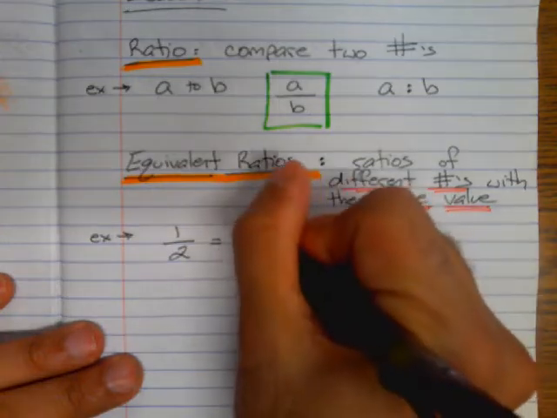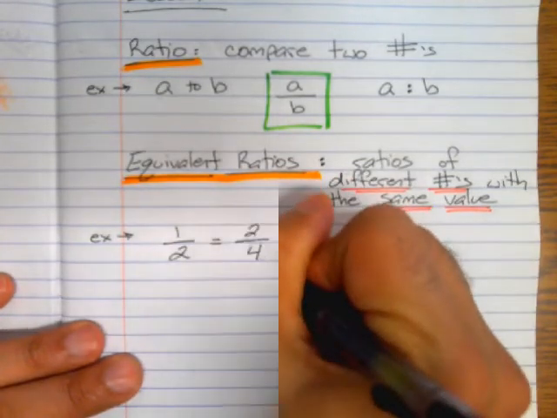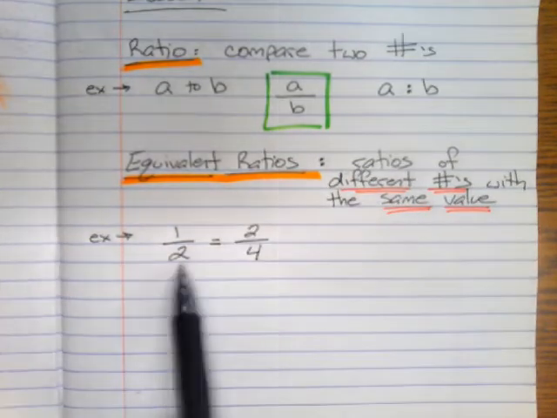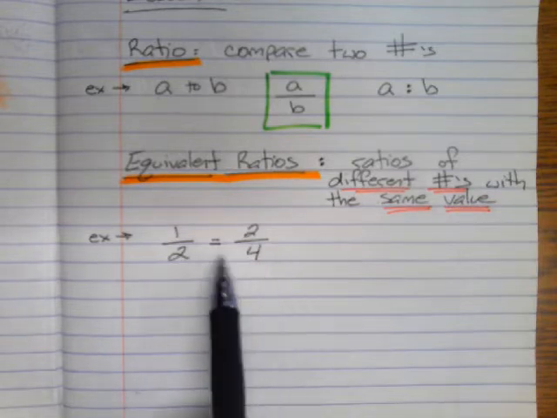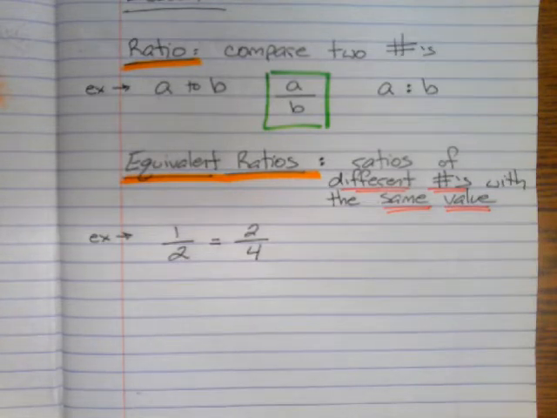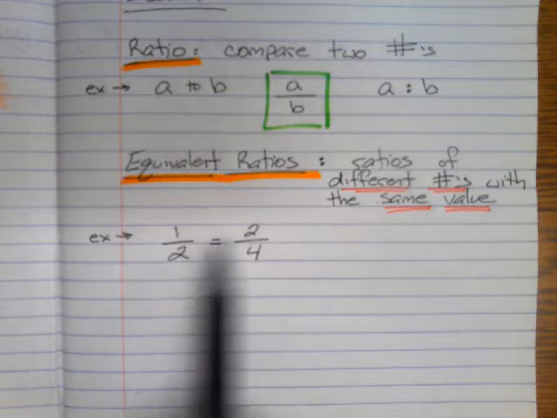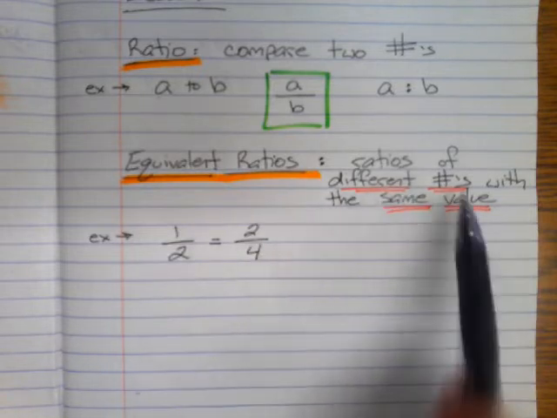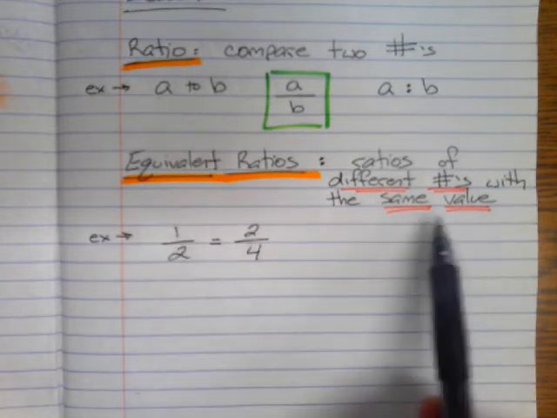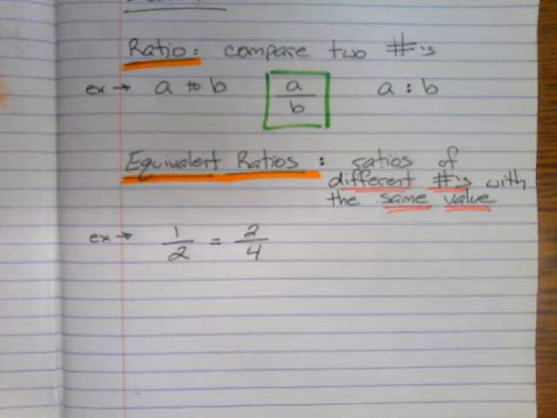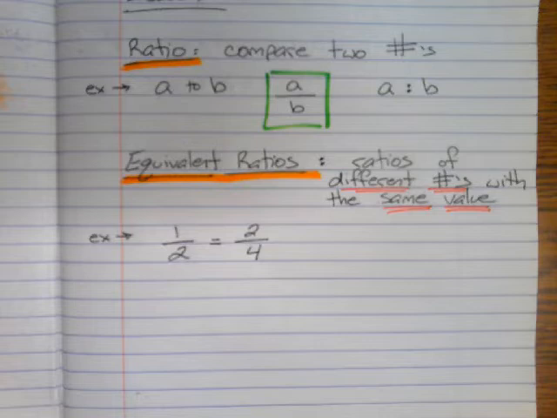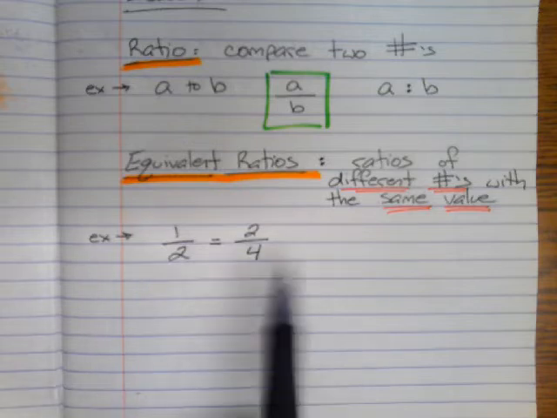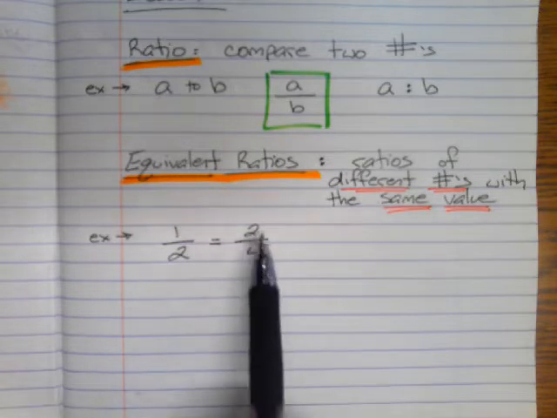We have 2/4. 1/2 is equal to 2/4, or 2/4 is equal to 1/2. Notice, different numbers, but they are equal to each other. That means they have the same value. So if I had a pizza cut into 2 pieces and you ate one of them, that's the same as me having a pizza cut into 4 pieces and you eating 2 of those pieces.